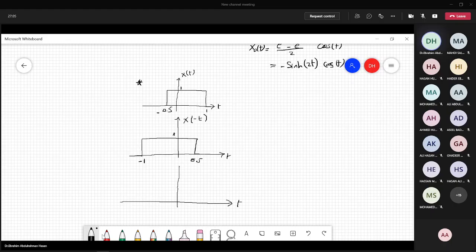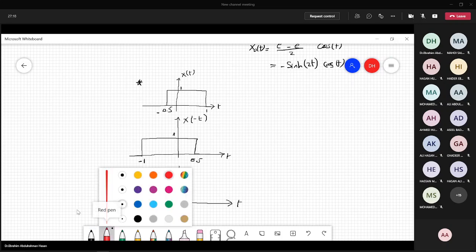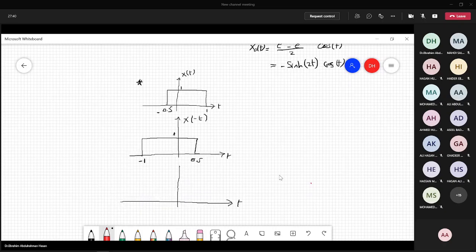Okay, x even. It is the addition of these two divided by 2.